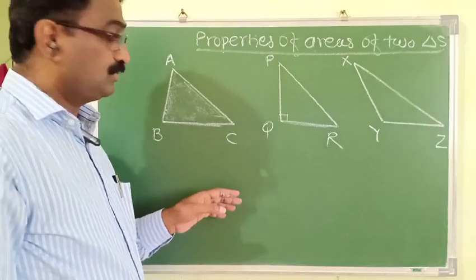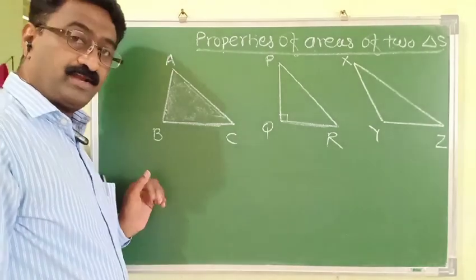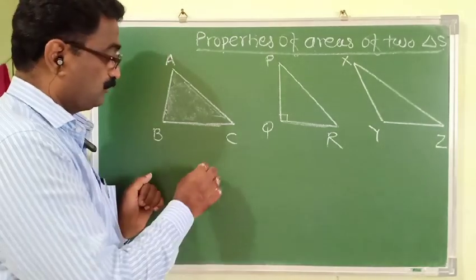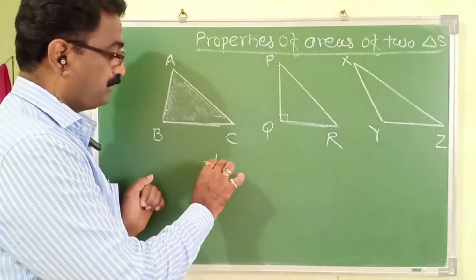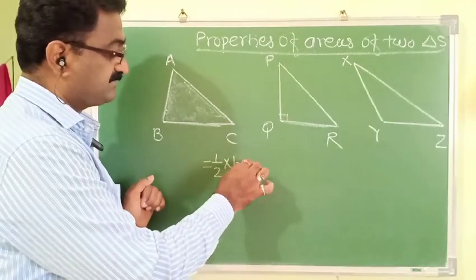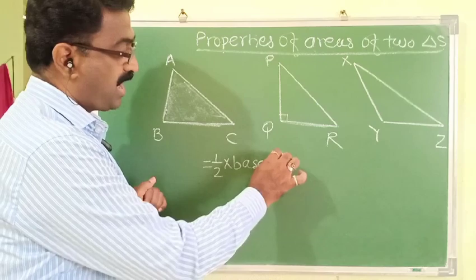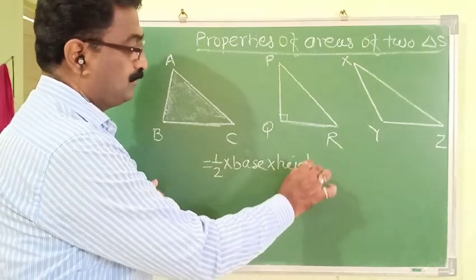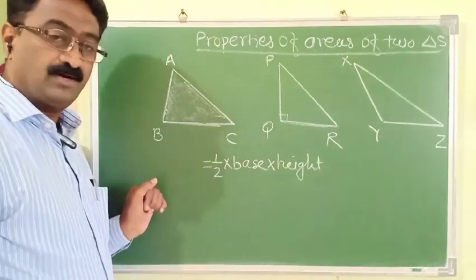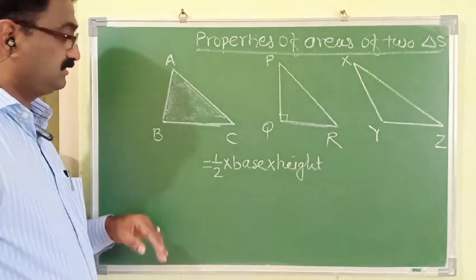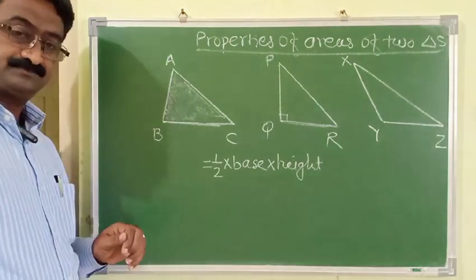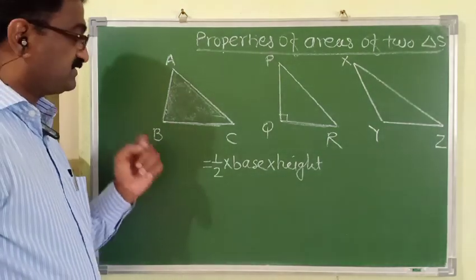And what is the formula for the area of a triangle? The formula is 1/2 base into height. In this triangle, which side is the base?